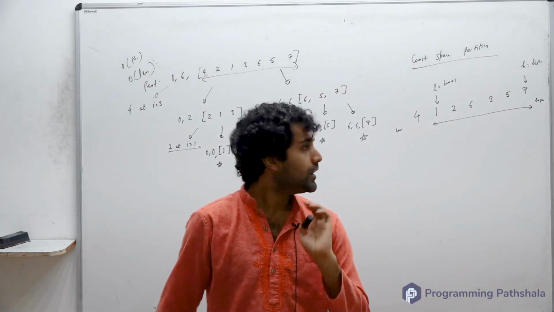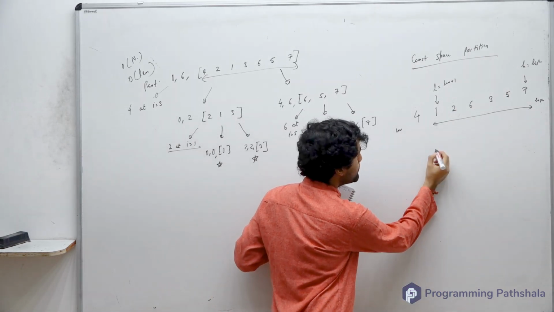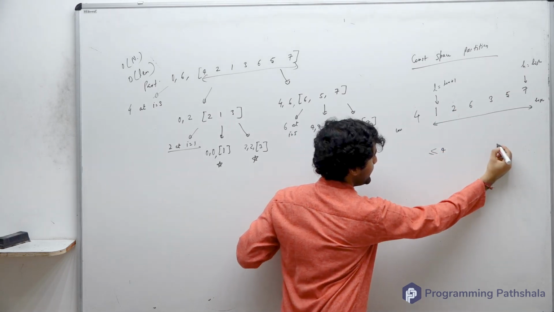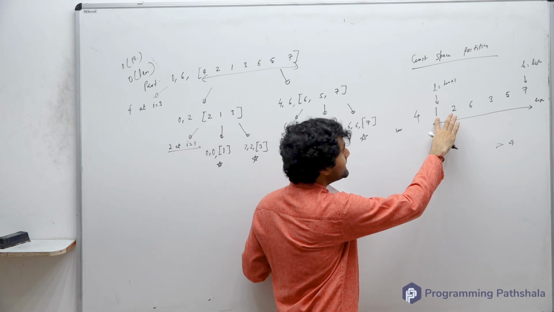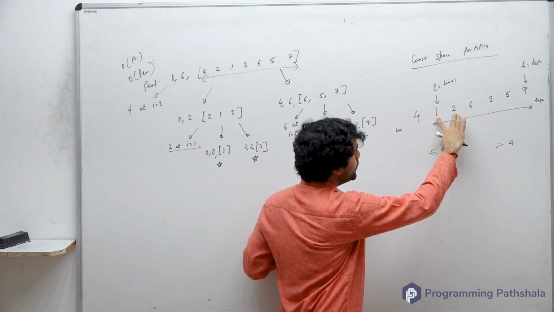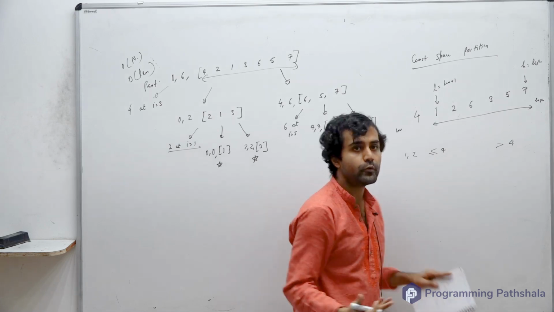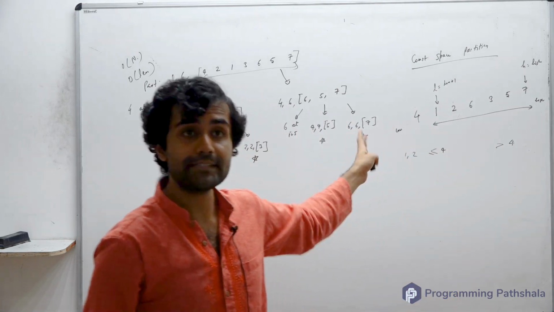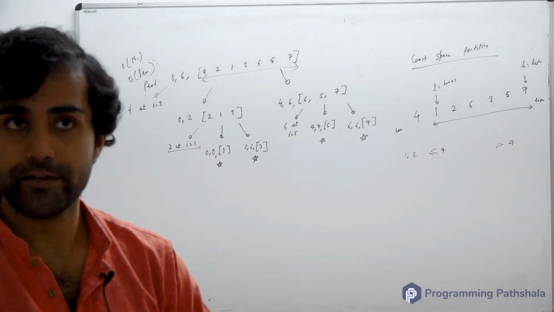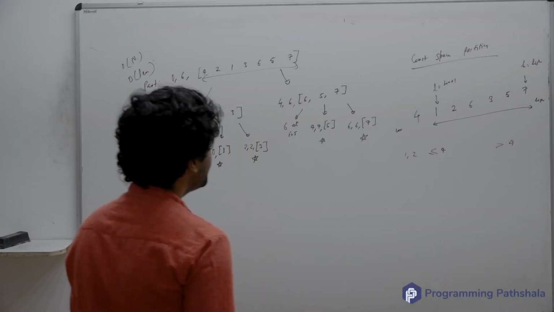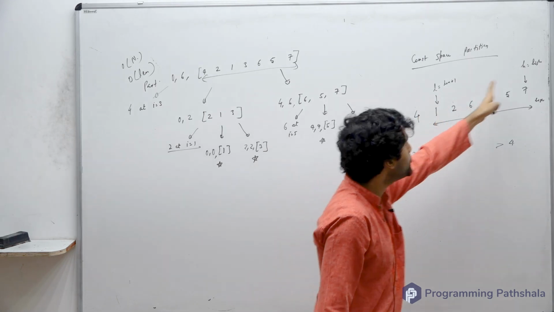Now tell me one thing. If you want everything smaller than or equal to 4 to come to the left and everything greater than 4 to go to the right, as long as you are getting elements which are smaller than or equal to 4, would you want to do anything? Is it a good idea to push them to the right side? No, it is not. If you are getting elements smaller than or equal to pivot, why push them to the right?